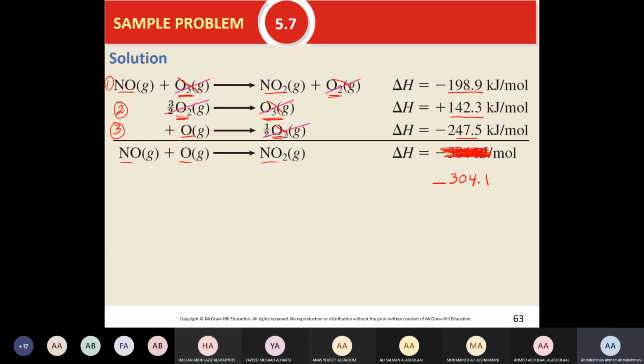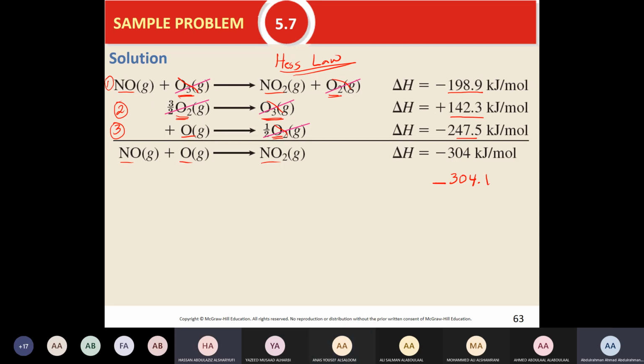So that's how you do it, that's Hess's law. Keep this in mind: Hess's law is to use many reactions to make one reaction. How many reactions should you use? Is it 2 or 3 or 4? Anything. We don't know. Maybe 2, maybe 3, maybe 4, maybe 5. Is this clear?